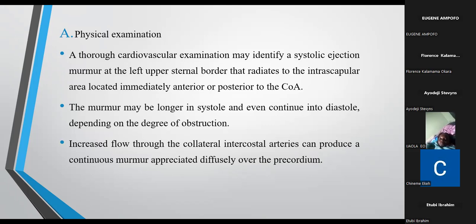On thorough cardiovascular examination, an ejection systolic murmur at the left upper sternal border radiates to the interscapular area, located just anterior or posterior to the coarctation of the aorta. The murmur may be longer or even extend into diastole, depending on the degree of severity of the obstruction.